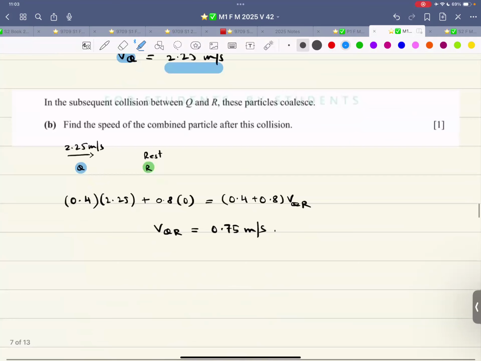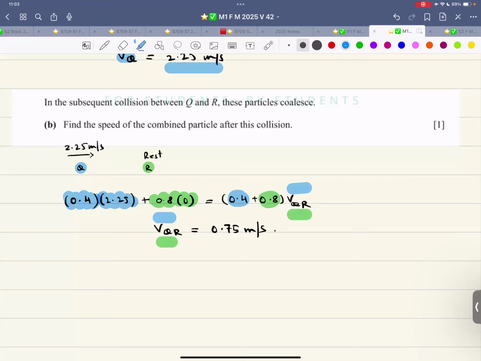Now the next one, now it's blue and green. So this is blue, this is blue over here, and this is green, and this is green over here, and this is the combined particle, which is blue and green. That is the coalesced particle.